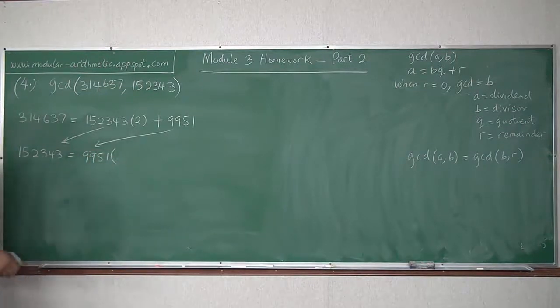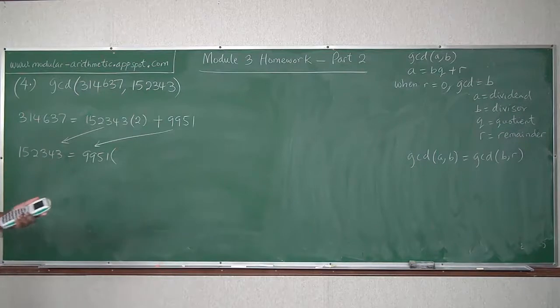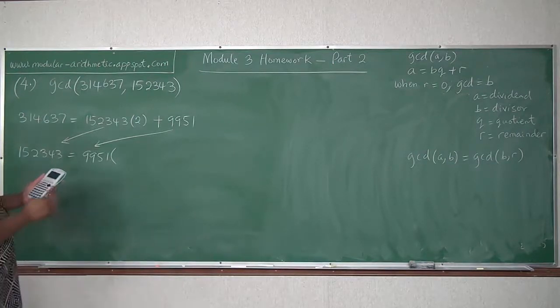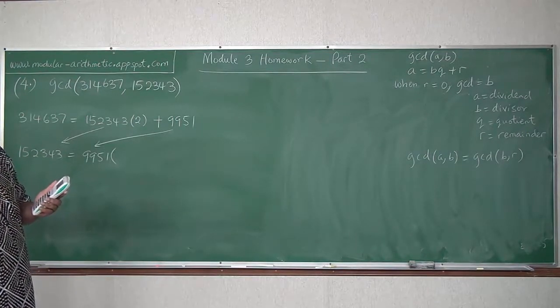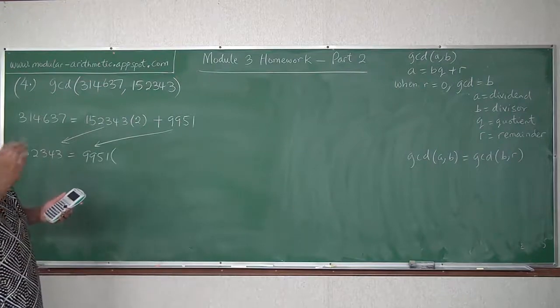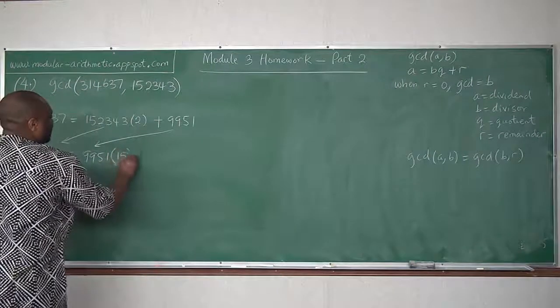152,343 is 9951 times what? We do 152,343 divided by 9951, and that gives us 15 point something, 15.30931565. We take the integer part, 15.